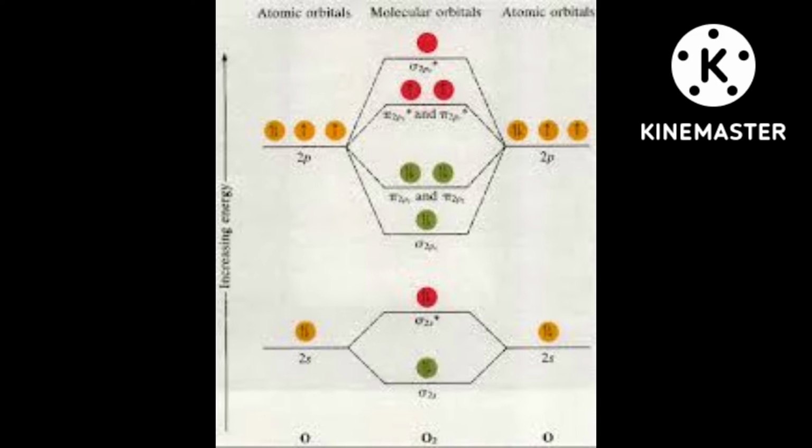For the bonding molecular orbital you will write sigma, and for the anti-bonding you will write sigma star before 1s, before 2s, before 3s. This is the difference.